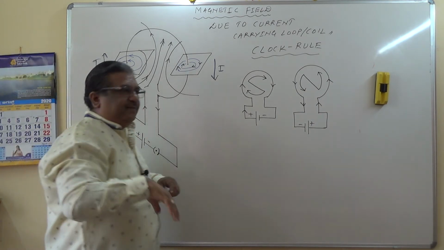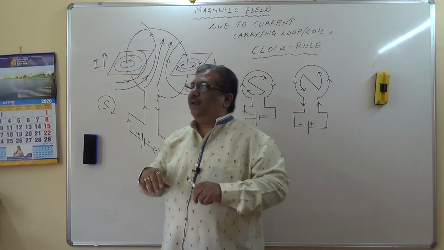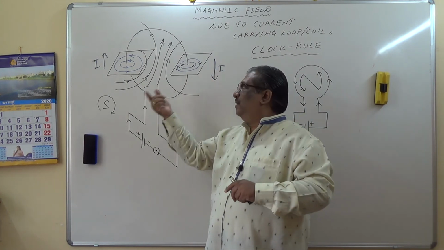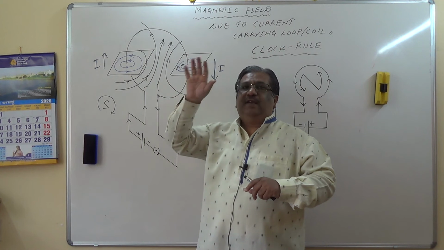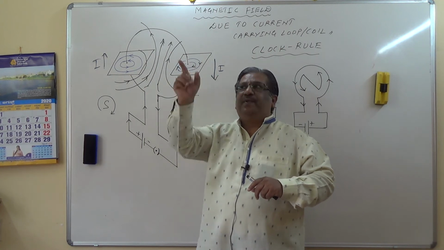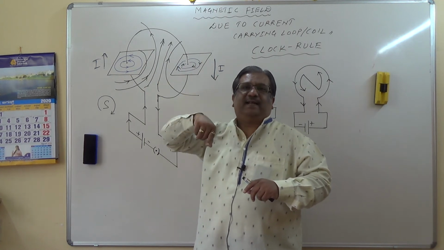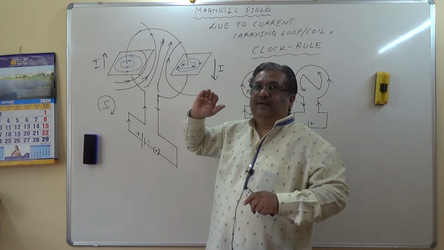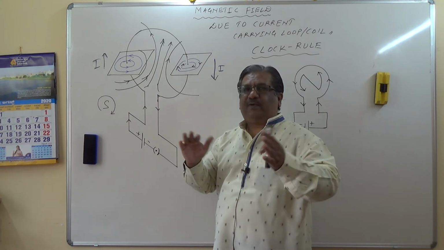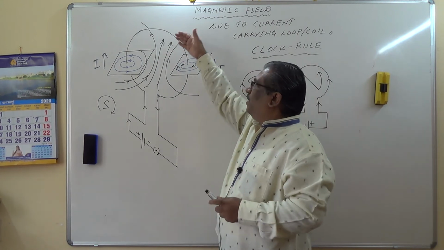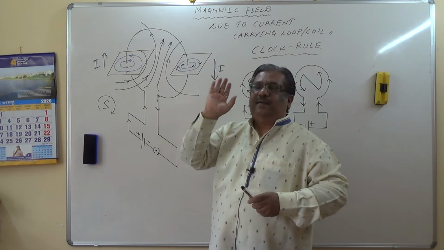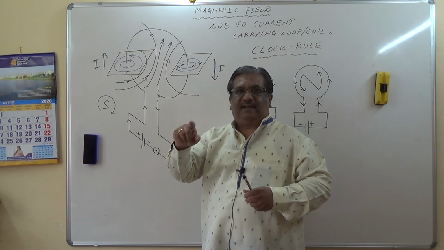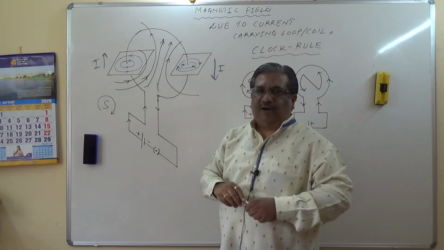What about the back side face? If I stand behind and observe this, the current is flowing like this. If I observe from the back side, the current is flowing in the anti-clockwise direction, and therefore the back face of this coil or loop, basically loop and coil are interchangeable, behaves like a north pole.